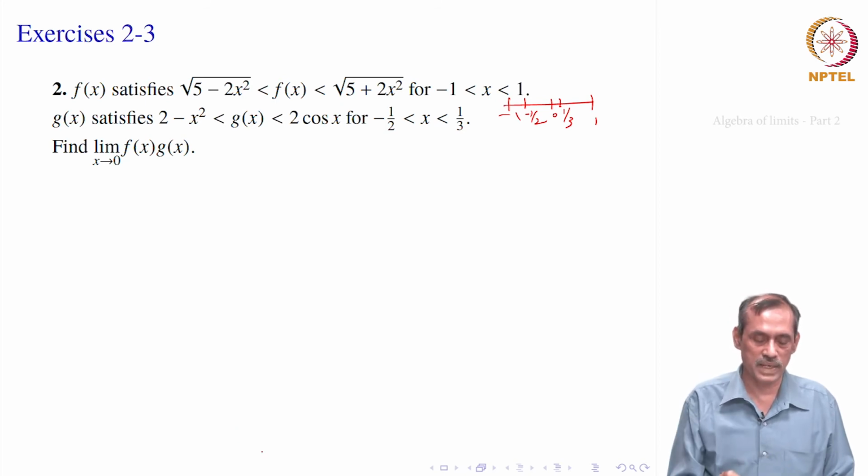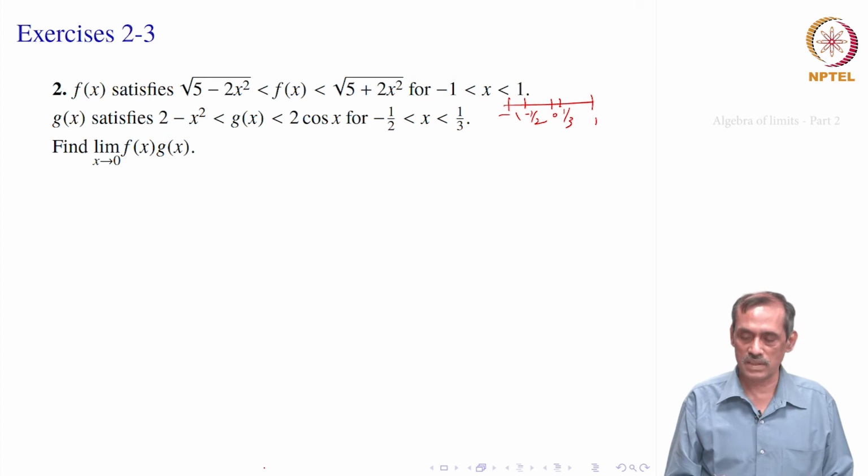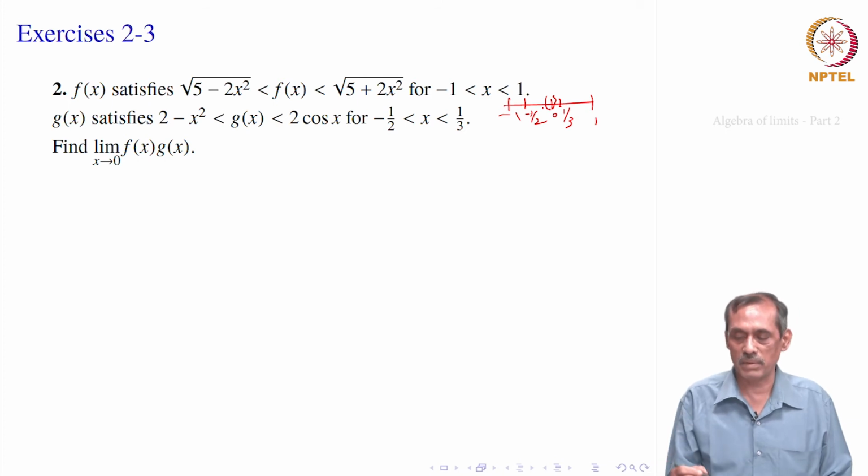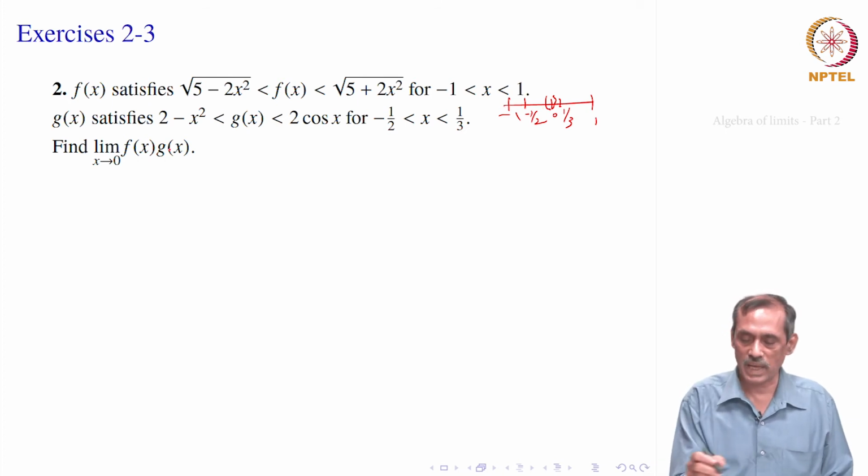We want to find the limit as x goes to 0 of f x g x. Since x goes to 0, we can even consider a smaller interval where it is defined. So, both are defined in minus half to 1 by 3, so f x times g x is also defined there. At least we have these inequalities satisfied there. So, exploiting these two inequalities, we have to do something for f x times g x, which will be valid in a neighborhood around 0.